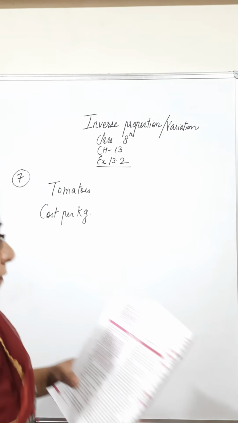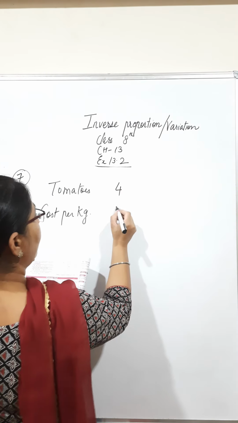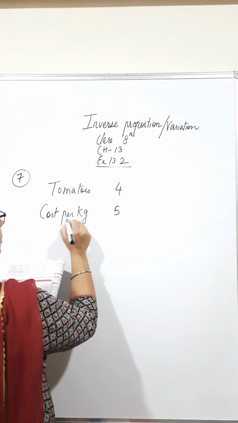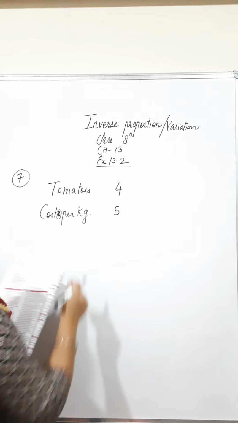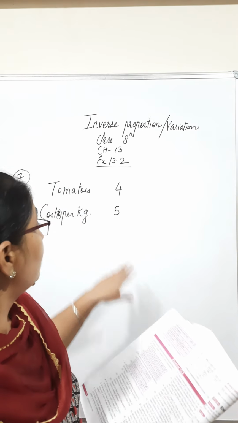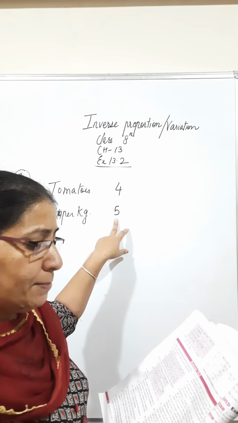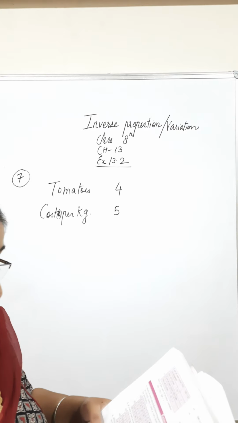So if you have 4 kg of tomatoes, the money that you had could buy them at rupees 5 per kg. Okay, so 4 kg of tomatoes you could buy if the cost was rupees 5. How much can I buy if the price is increased to 8 per kg?